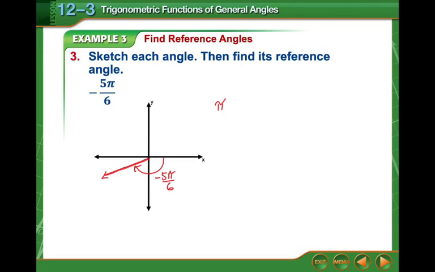And again, since we're going the negative direction, instead of subtracting the 5 pi over 6, we're going to add it, since it's negative. It's really kind of like you're doing the absolute value of it in this case, I guess. Or you're adding it, either one. But that's going to leave us with pi over 6. That is our reference angle, because that's what remains here, right?